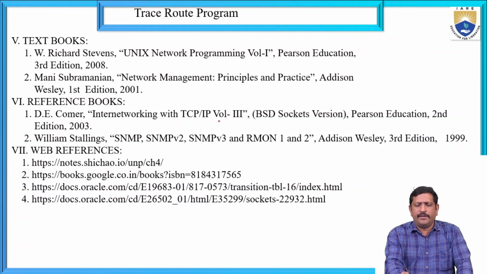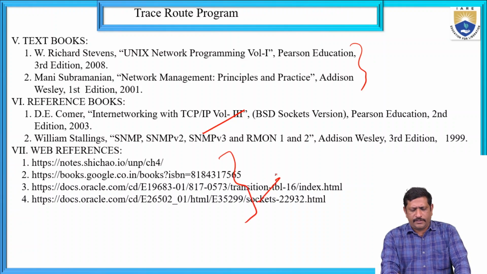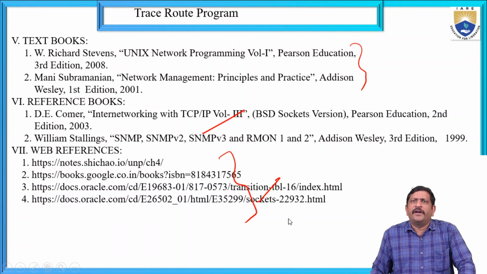So these are the reference books, and these two are the textbooks. The remaining are all web references. This is about the traceroute program, very useful and very effectively used in network programming.